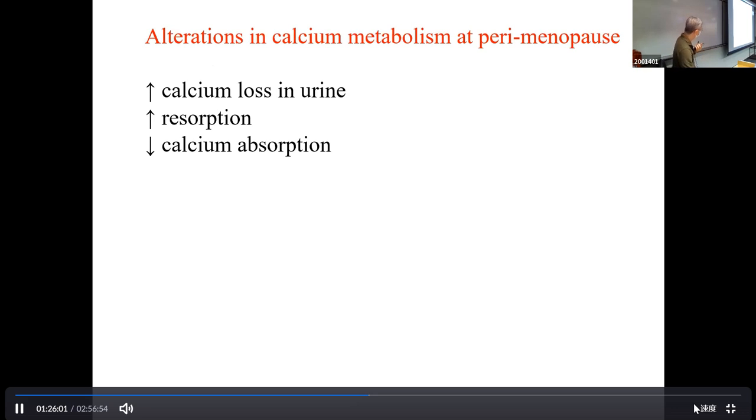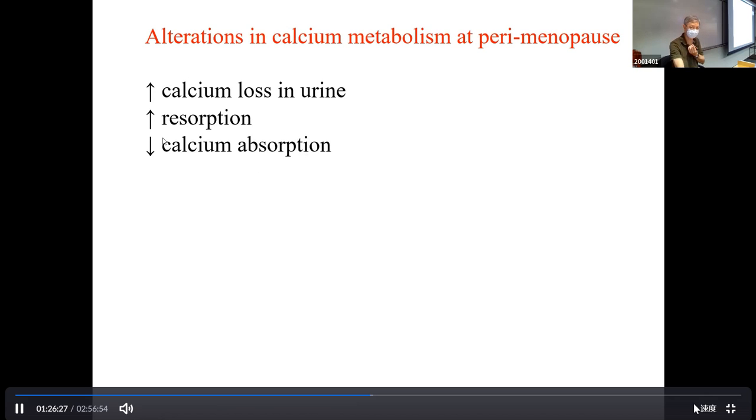So these are some of the key factors for individuals at risk of osteoporosis. It is related to changes in calcium metabolism. A change in calcium metabolism could be an increase in calcium loss in urine, increased resorption, that means breakdown of your bone, or decreased calcium absorption.